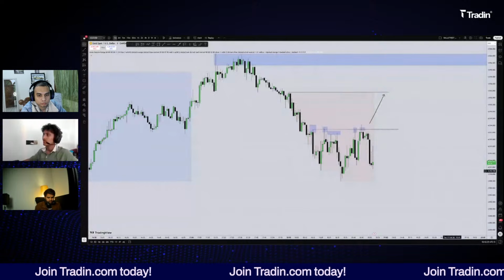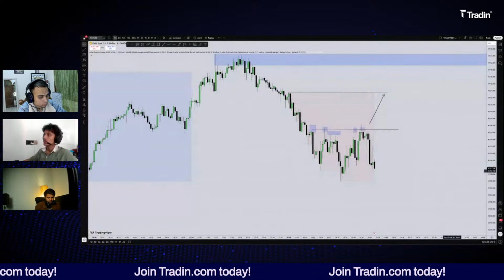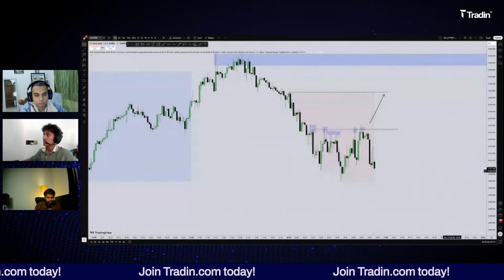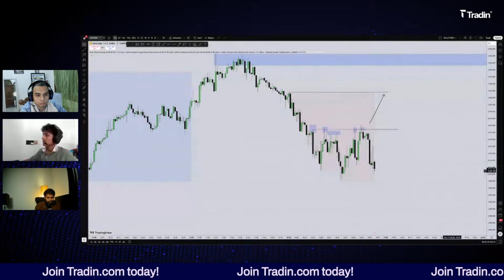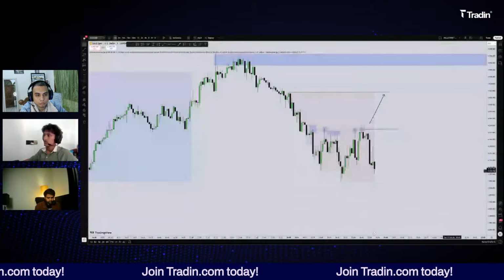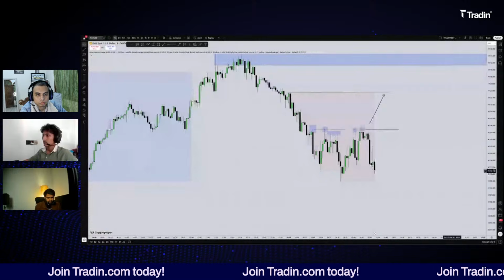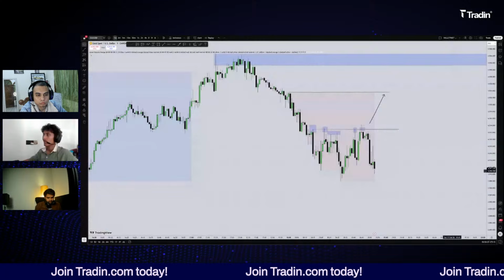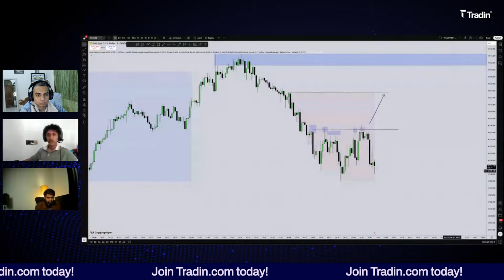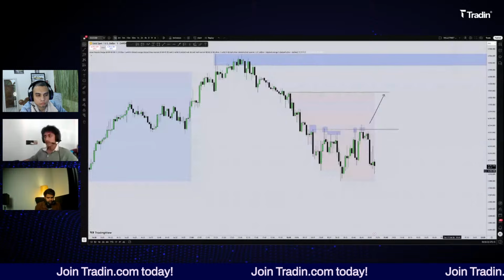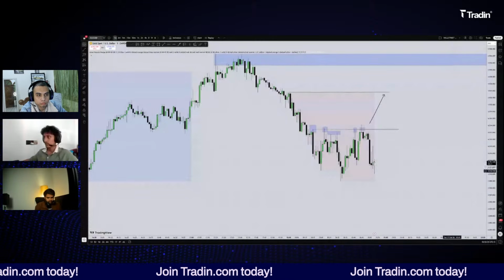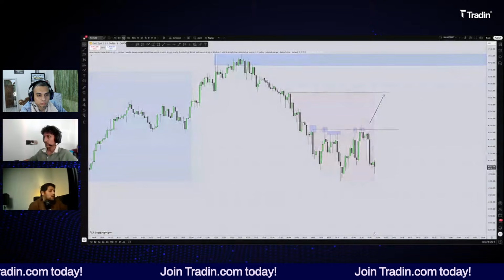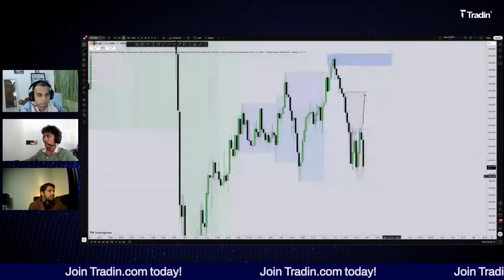We are at the previous day value area low. Let's look on the 5 minute time frame. Do you have any news?